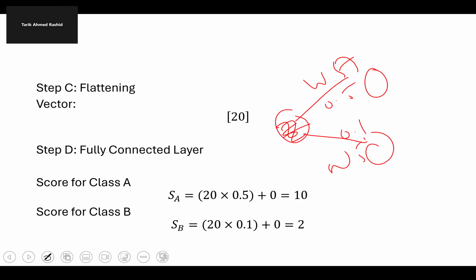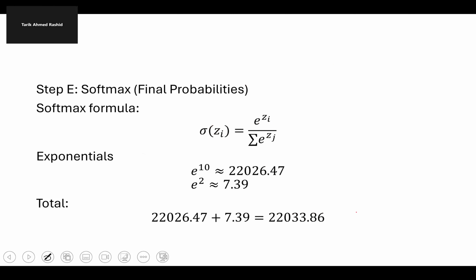That's the connection for each neuron. Now we get 10 and 2. Now we subject that to softmax. In the softmax, e to the power 10 over e to the power 10 plus e to the power 2.